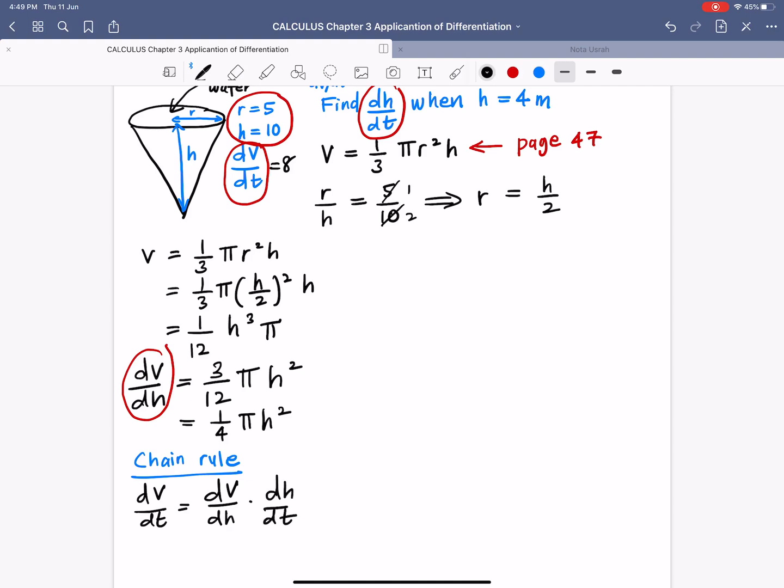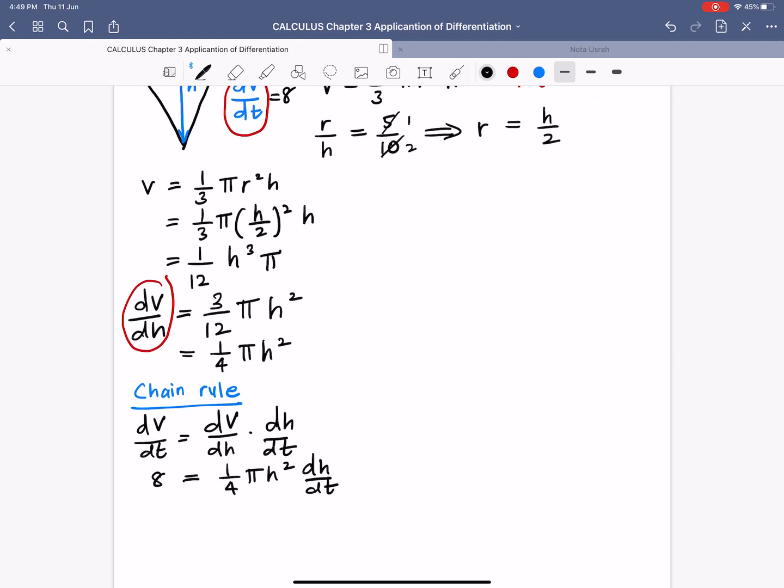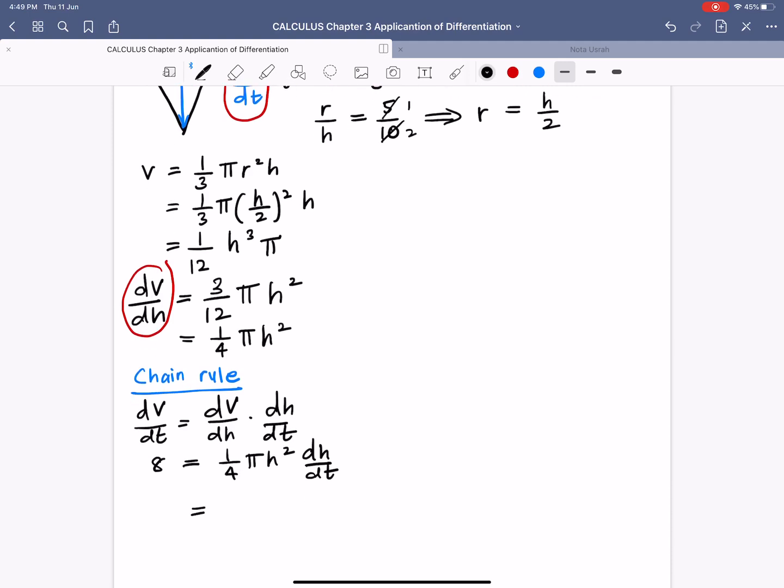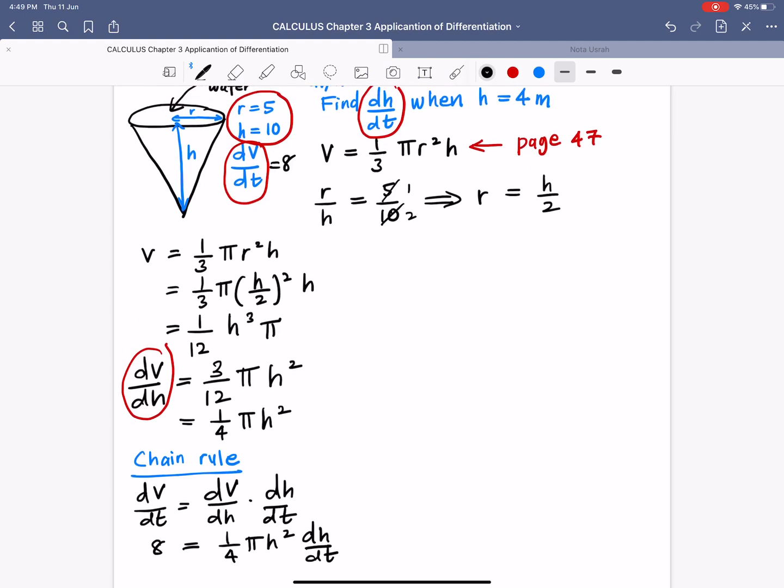We do have the value for dV/dt, which is 8, and dV/dh is 1 over 4 pi h square, and dh/dt is the value that we want to find when h equals 4.